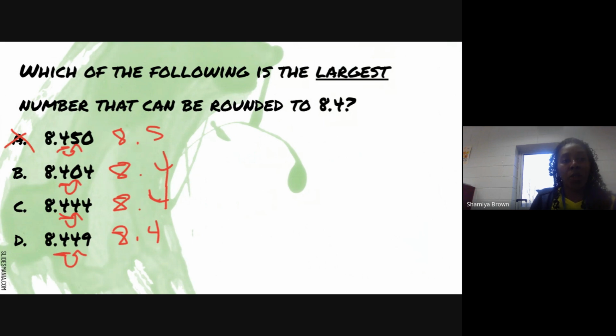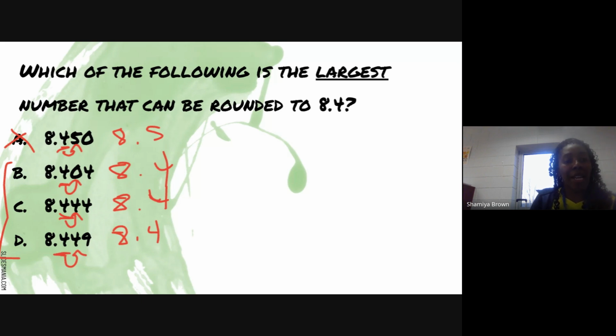So it says, which of the following is the largest number that can be rounded to 8 and 4 tenths? So out of these, I have to see which one is the largest out of these 3 down here. So I have 8 and 404 thousandths. Then I have 8 and 444 thousandths.